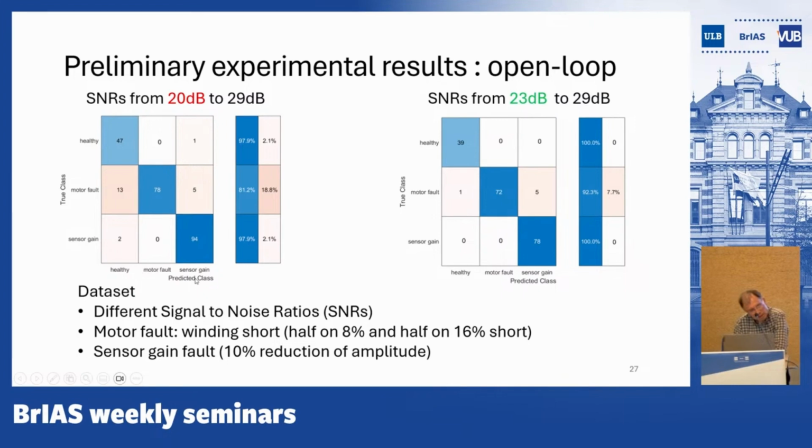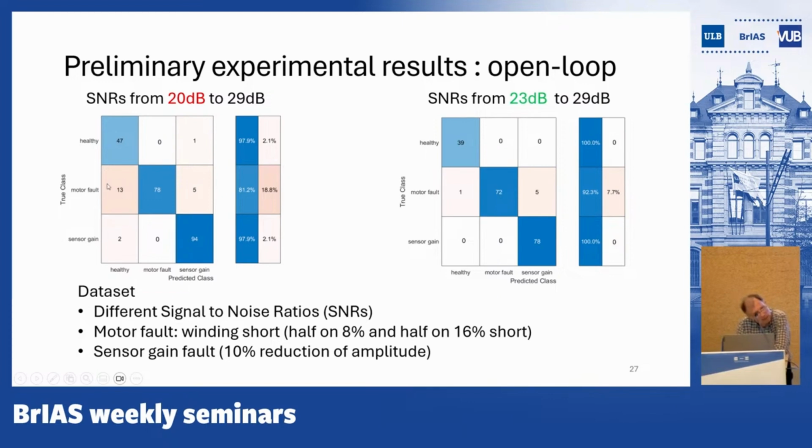And you see that, here we consider all the data that Geoffrey has provided us with. And what he did is he modified the load of the motor so that we have different signal-to-noise ratios in our data. And you see that if we consider all signal-to-noise ratios, we get some erroneous decisions.